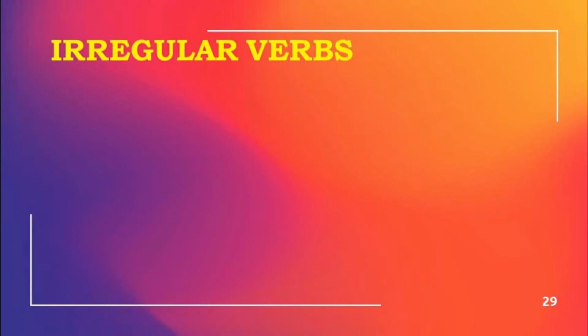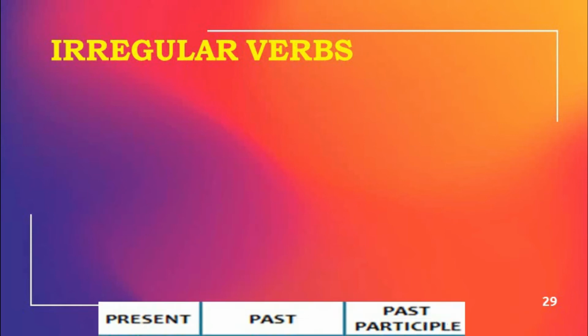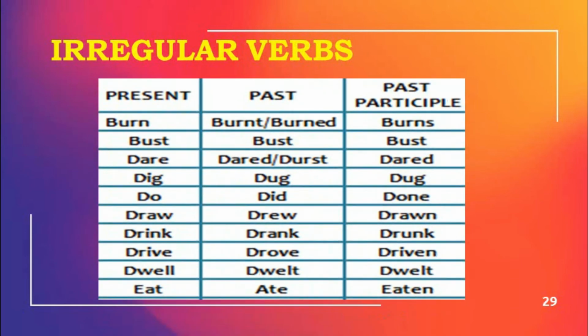Examples of past participle for irregular verbs. So we have columns for present, past, and past participle. We have burn for present, past, burnt or burned, past participle, burnt.